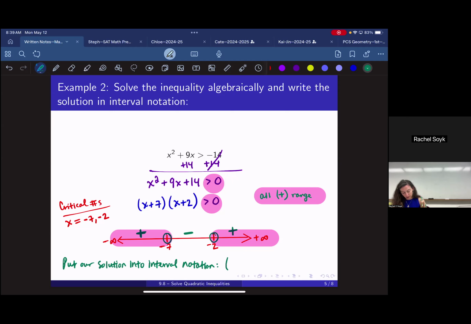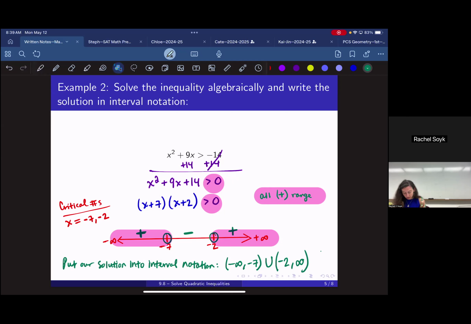So soft bracket all values from -infinity to -7, soft bracket, because we're not including that -7, union all values from -2, again, another soft bracket because we're not including that -2, up to positive infinity, and we're done.